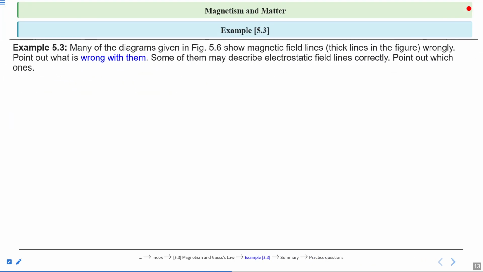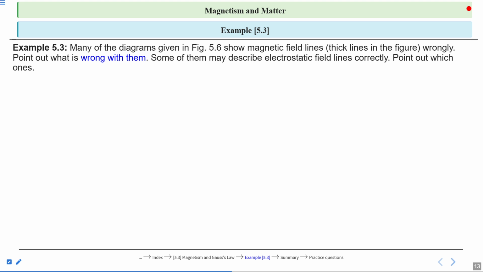Now we will do example 5.3. Many of the diagrams given in figure 5.6 show magnetic field lines, the thick lines in the figure, wrongly. So in figure 5.6, many arrangements or patterns of magnetic field lines are shown wrongly. Point out what is wrong with them, and some of them may describe electrostatic field lines correctly.